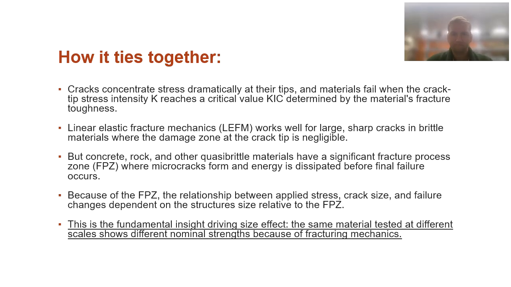And this is the fundamental thing driving the size effect, right? You have the same material, let's say concrete, you're testing it at different scales, and you're noticing different strengths across those sizes of the structure. And in some regions, they're acting perfectly plateaued like they would in the strength criterion, and others, they behave like they would in LEFM.